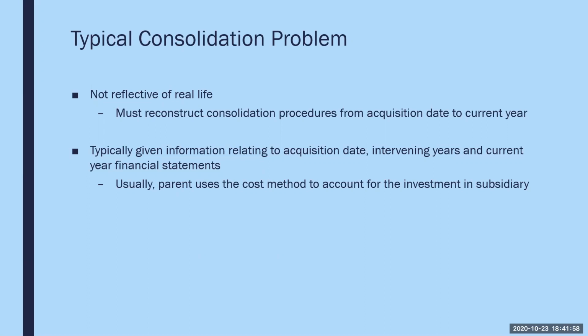In most cases, if you're not told otherwise, you will be using the fair value enterprise method to account for non-controlling interest. Sometimes you are directed that the parent uses the identifiable net assets method for accounting for non-controlling interest. And if that were the case, then you should be prepared for it.